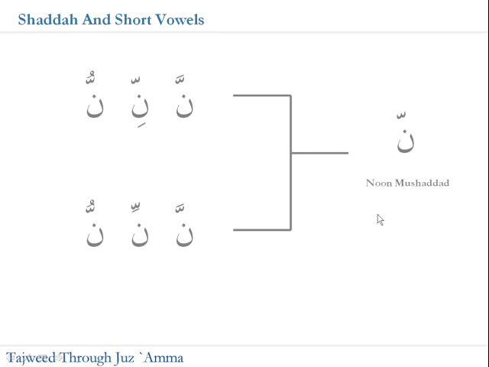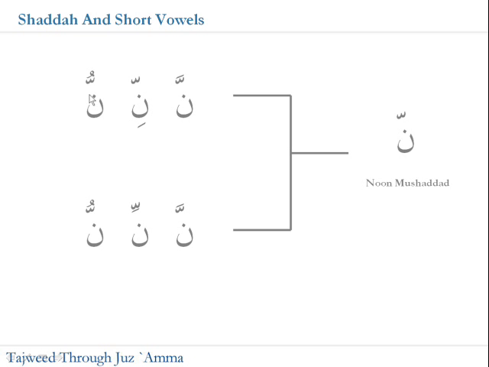Okay, now what we've got here is the noon with the shadda sign, and we've got different combinations of it with a fatha, a kasra and the dhamma. And the reason we're showing this is just because of certain differences in the script. Now if you have the noon with the shadda, the fatha is above the shadda.